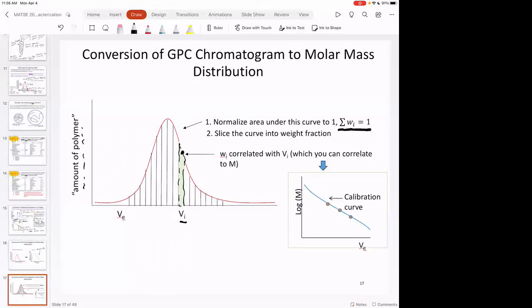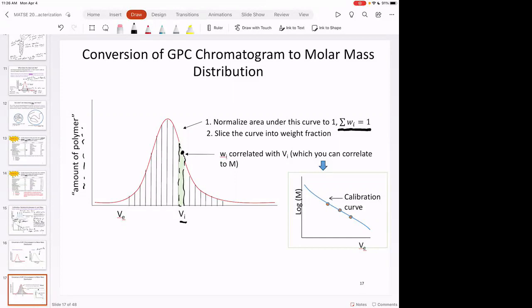So we don't have grams of polymer here, and so we have to normalize this curve. This represents all the different masses of the different molecular weights, and all those masses, their weight fractions will have to add up to 1. So it's not just a mathematical trick. We know that mole fractions and weight fractions have to add up to 1.